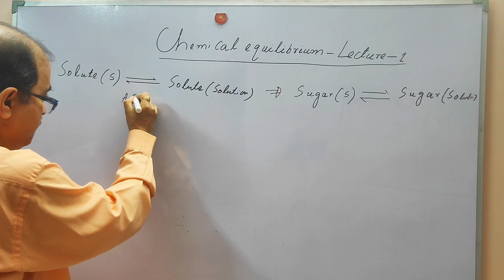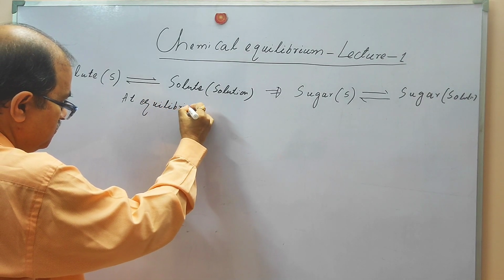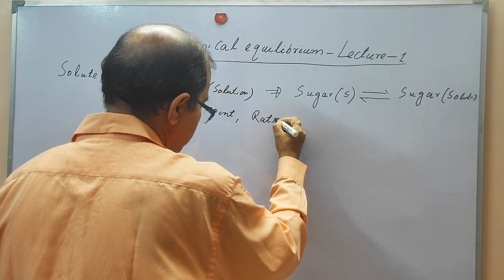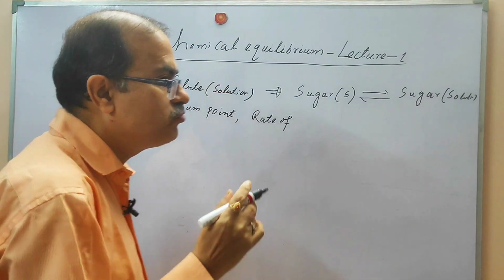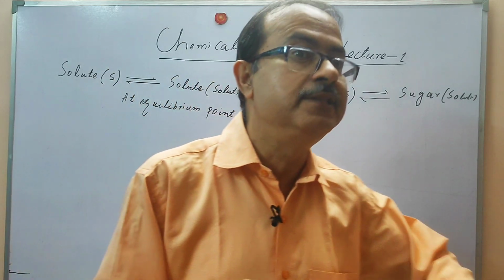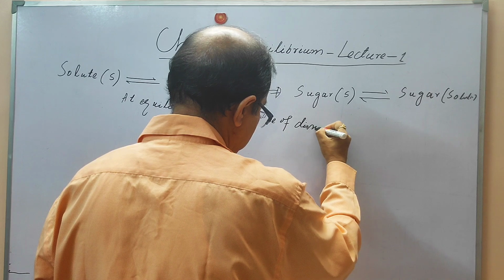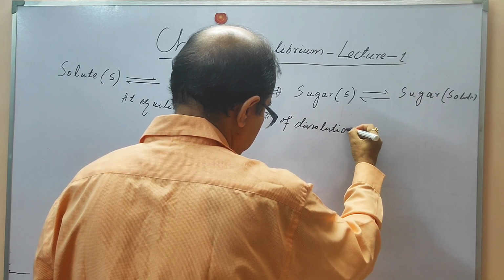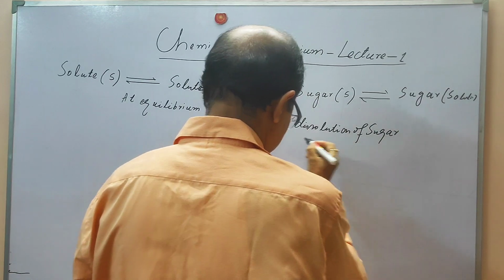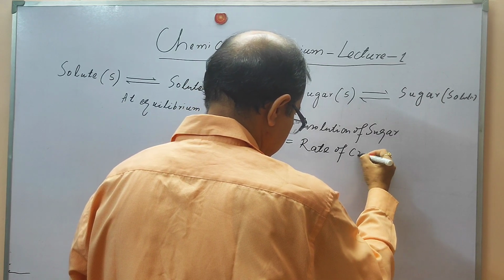So we can write one very important thing: at the equilibrium point, the sugar is being dissolved in the water, so we can write that the rate of dissolution of sugar is equal to the rate of crystallization.